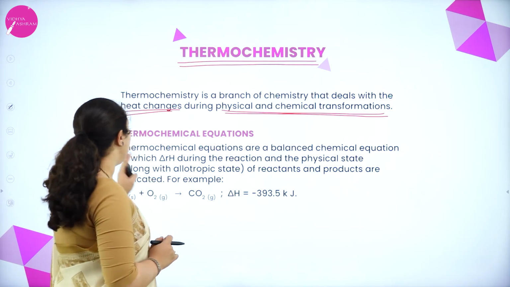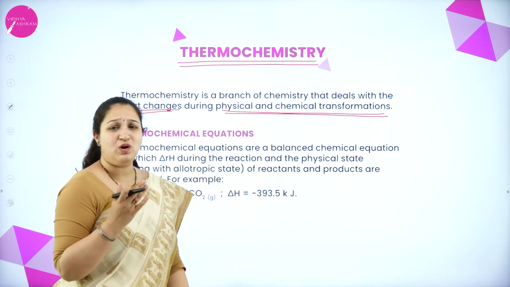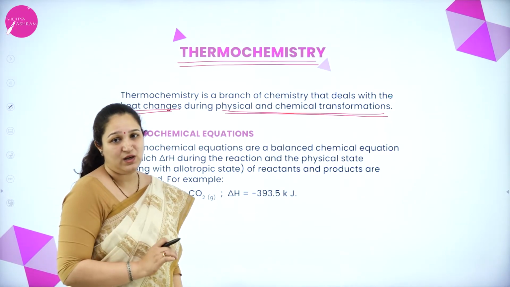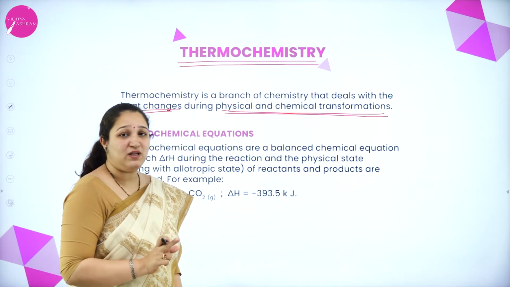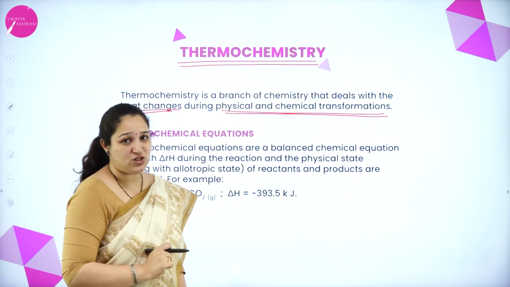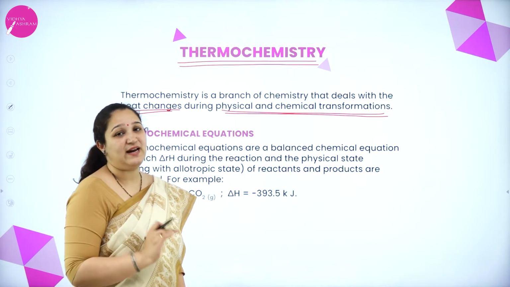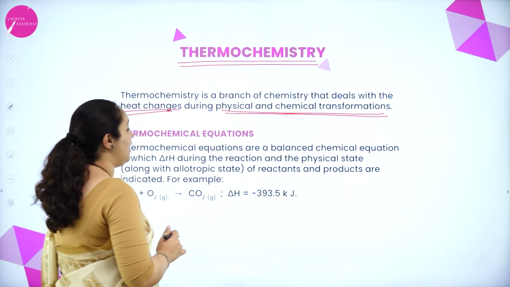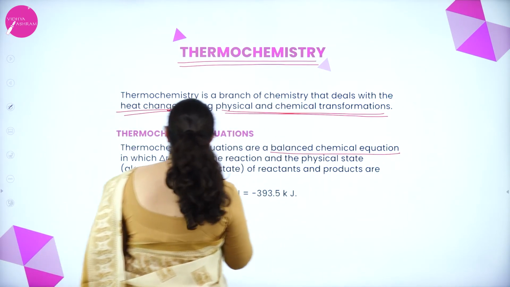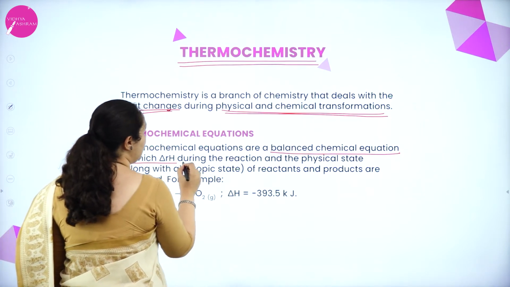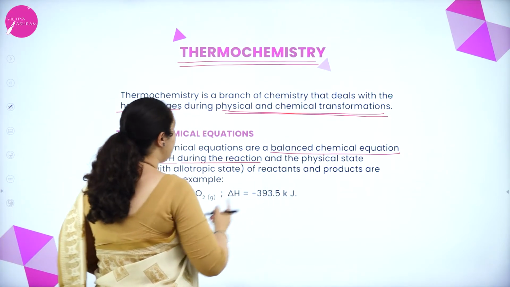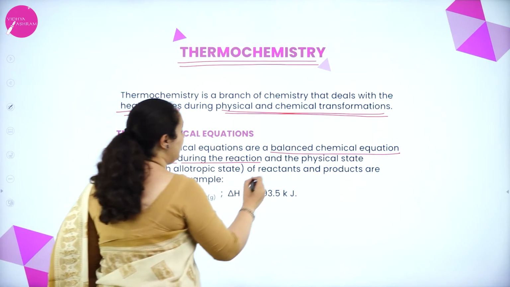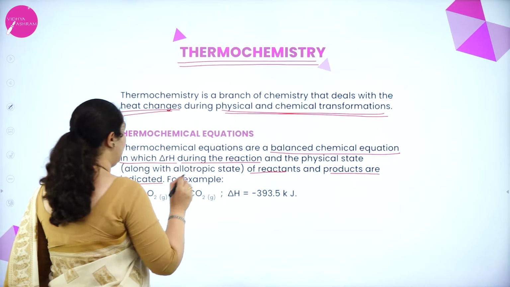Clear? So, thermochemical equations. Now, what is this thermochemical equation? Normally, we know how to write chemical equations. But for thermochemical equations, there are certain specifications which we need to remember when we are writing the equation. So, what is it? We'll see. Thermochemical equations are balanced chemical equations in which delta H during the reaction and the physical state along with the allotropic state of the reactants and the products are indicated.